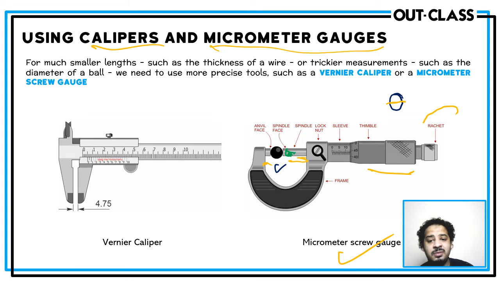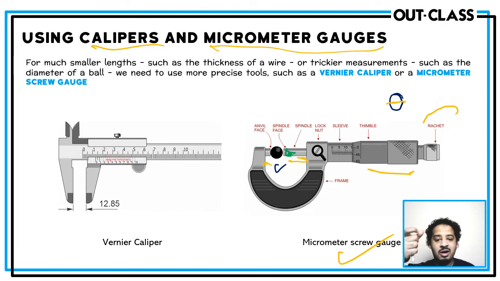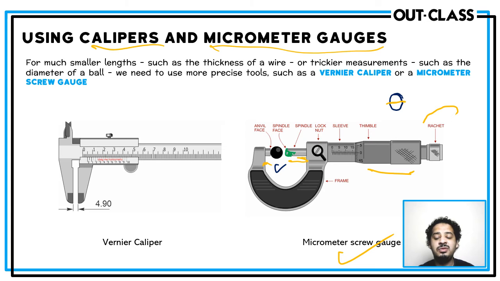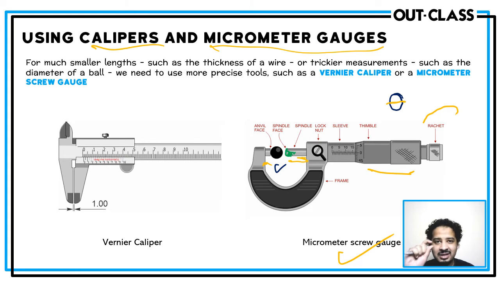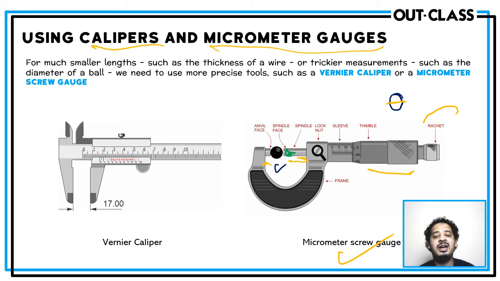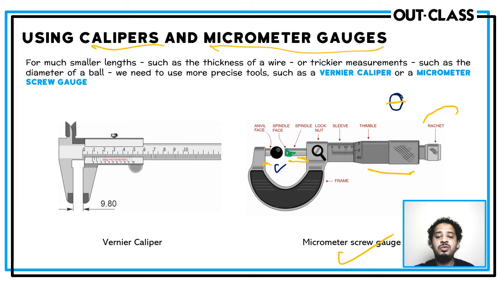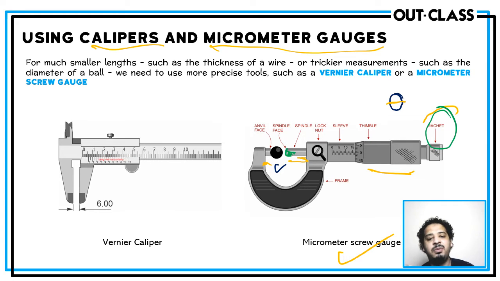A nice firm grip. So the thimble allows you to make large movements. When you move the thimble, the spindle moves nicely and quickly. Then when you need to do the fine final tweak so that it's nice and tightly attached to the ball, you also rotate the ratchet a bit just to get the final grip on the ball.